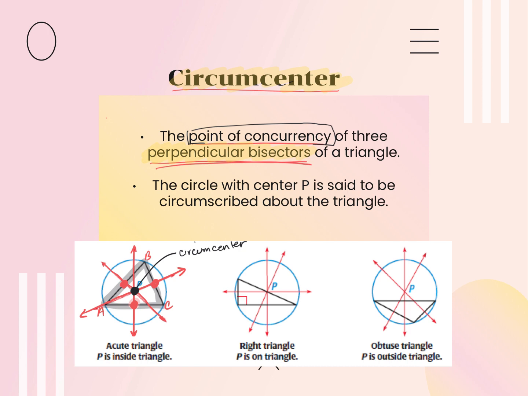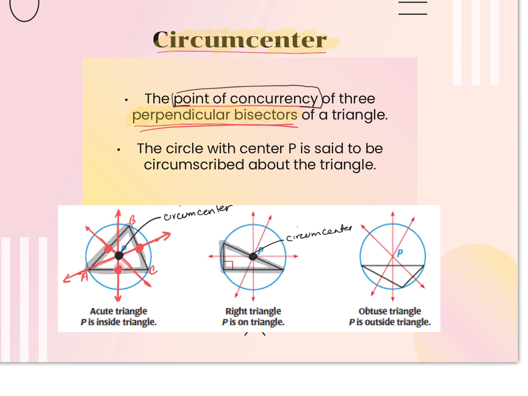Well, if we go to the next triangle over here, notice this is a right triangle. And again, we draw our perpendicular bisectors to all three sides, and you're going to notice that your point of concurrency, your circumcenter, is going to be on the triangle. And that's true for all right triangles. And then the last one, you have this obtuse triangle here.